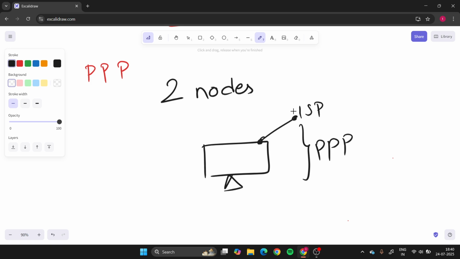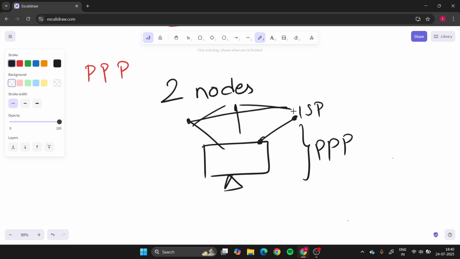And obviously, this is not feasible today. This is an old technology, because today we need more than two. We need to connect so many others, so many connections needed, right? So this is not possible because we need so many connections, and it is not feasible anymore.